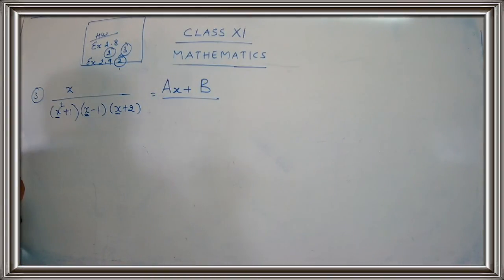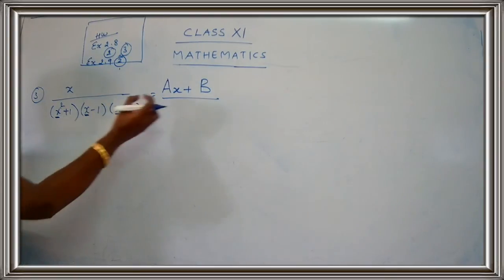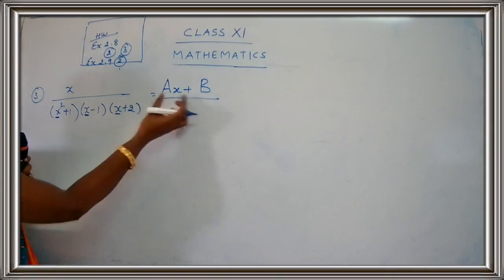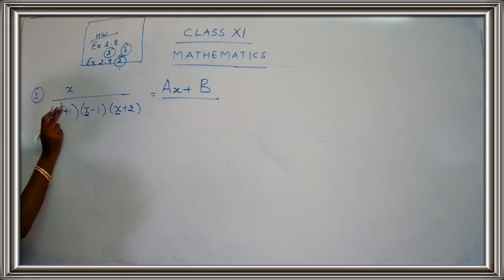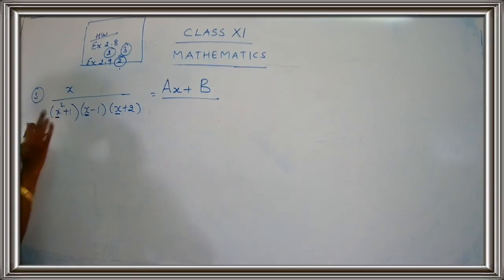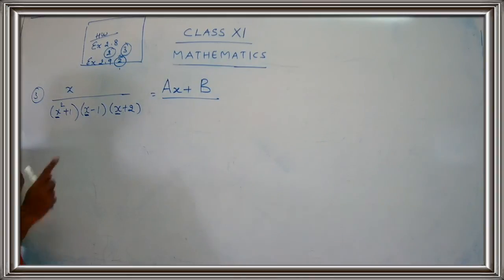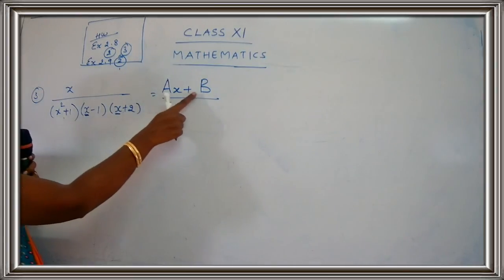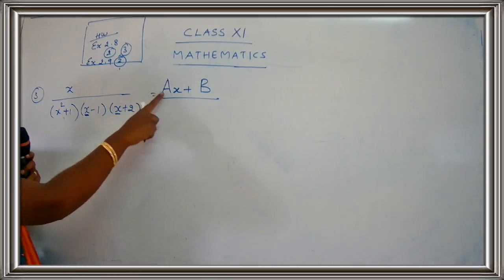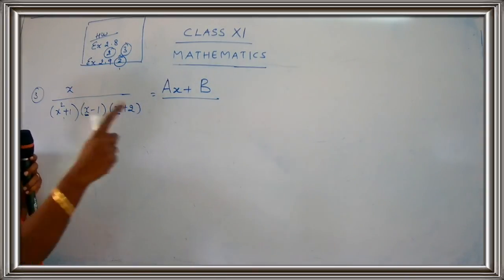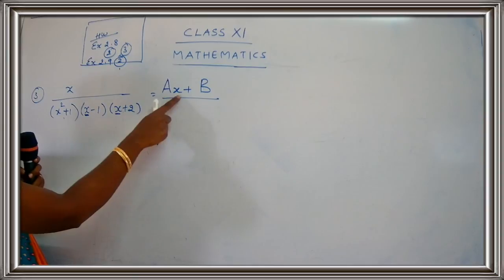Instead of writing a plus b, you are going to write ax plus b. Why am I writing here ax plus b? Because the power is 2. What do you mean by the power 2? The power 2 indicates that you have to get 2 values. Are you getting my point, children? Yes. So x square plus 1 will give you ax plus b. That is, you have to find out 2 unknown values. Do not write a plus b. Just keep in your mind, you have to write ax plus b.